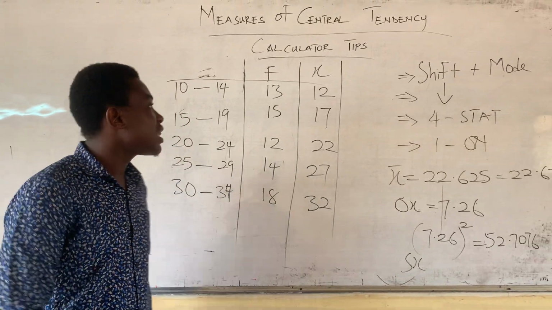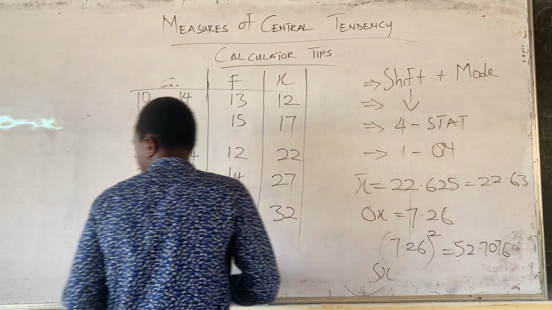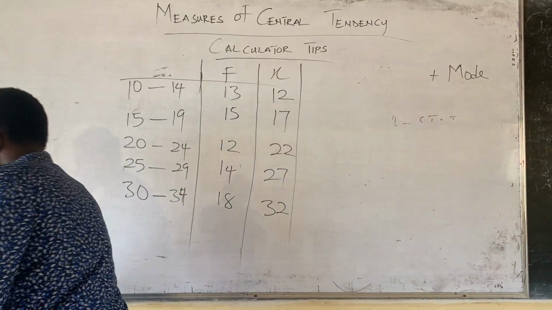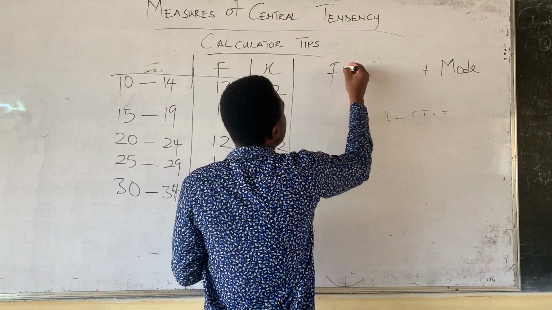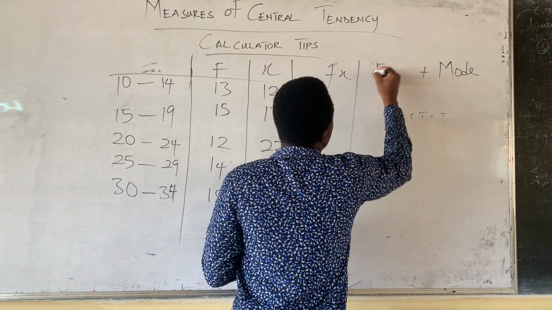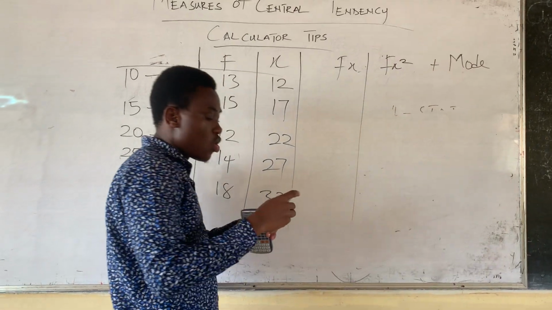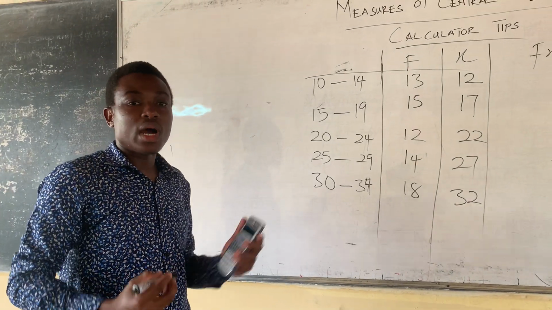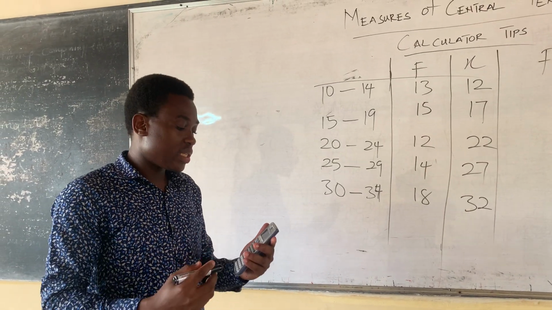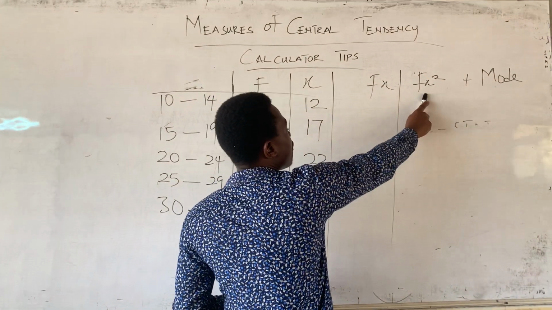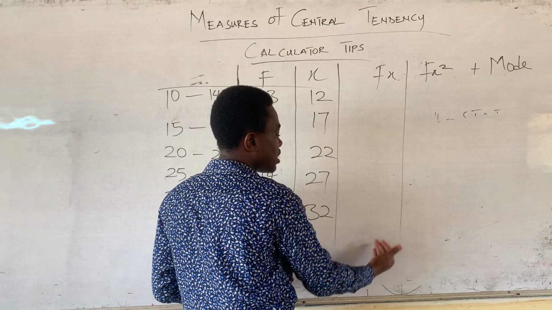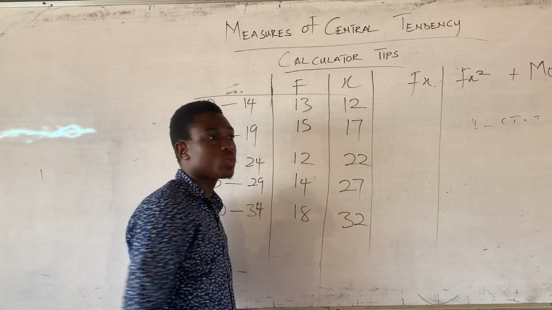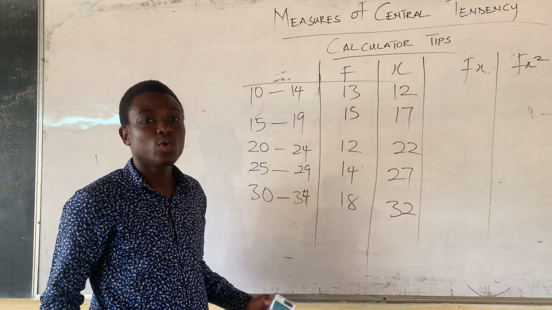Now when you are done, to get the summation of the fx column, then the fx squared column, all you need to do is choose any of them under sum. So shift 1, you go to 3 sum. There are 2 options. The first one, summation fx squared, and then the second one, summation fx. If you choose any of them, it will give you the value for those 2 variables, and then you are good to go.